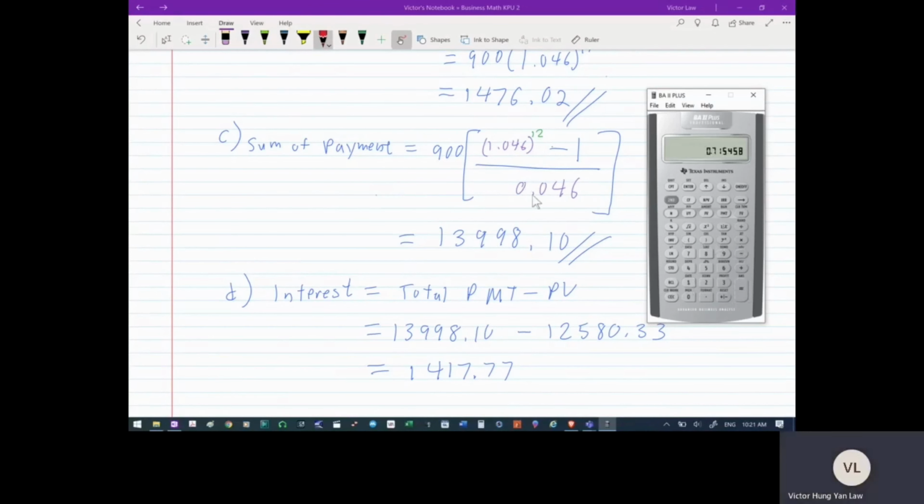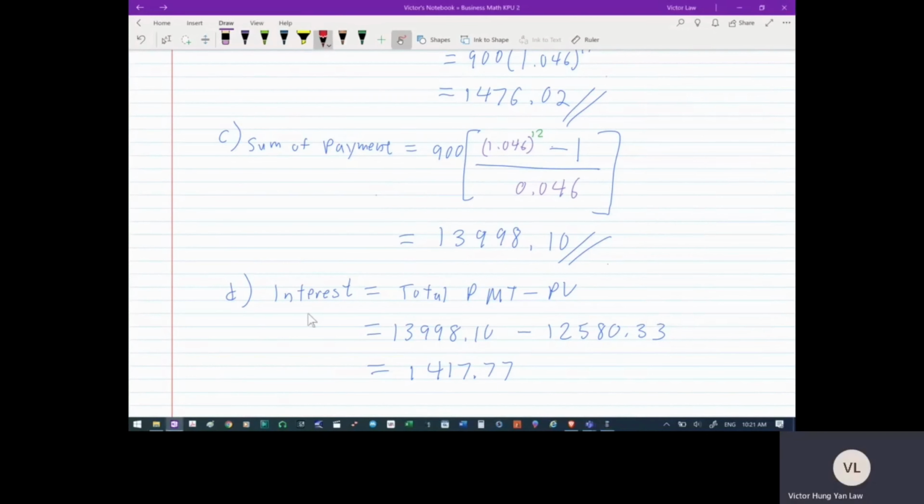Then you divide by your K, 0.046. Once you do that, you multiply by 900, and that will give you 13998.10. And that's part C.